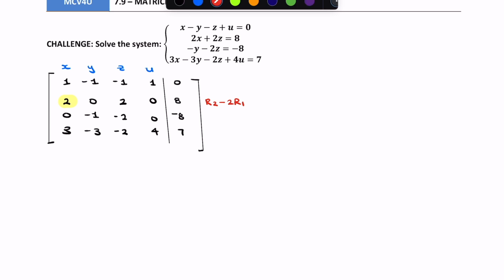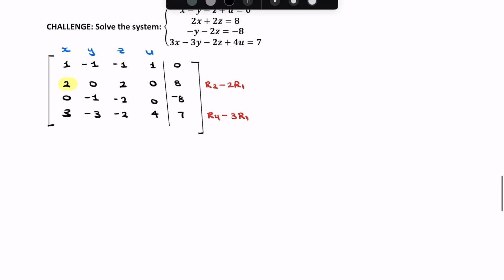Here we will take our row 4 and subtract 3 of row 1. Again, that's to make this 3 equal to 0 as well.